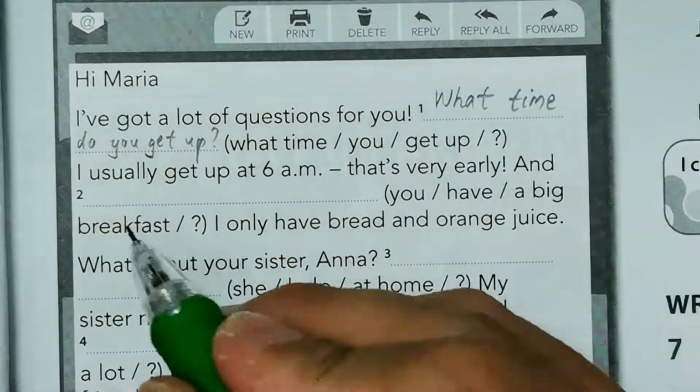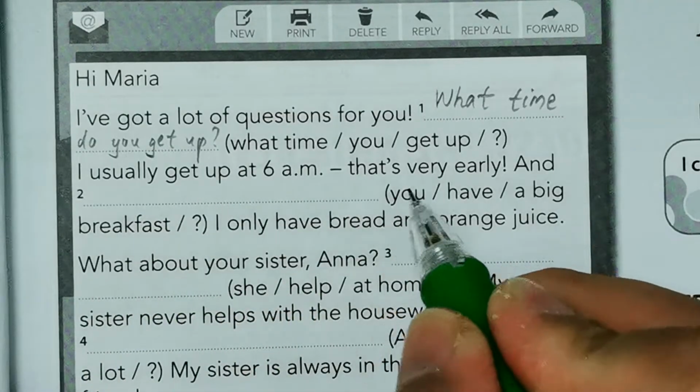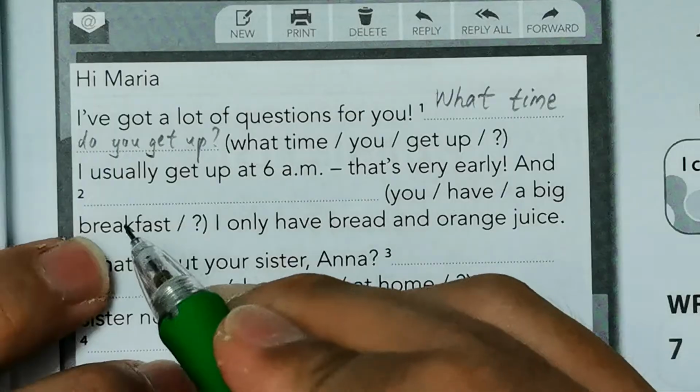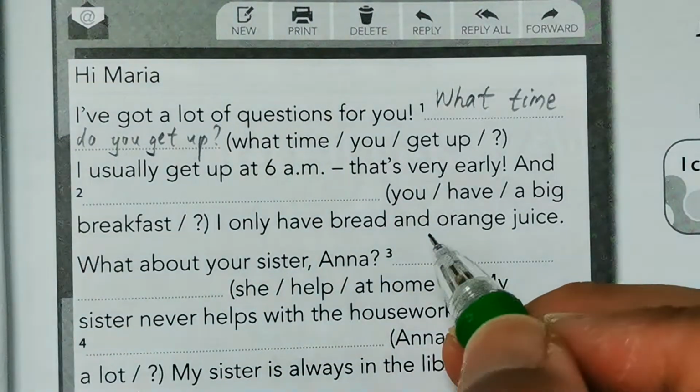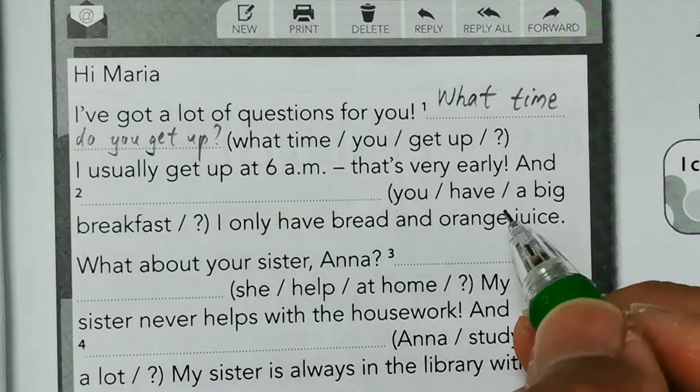So next, I usually get up at 6 a.m. That's very early. And number 2, you have a big breakfast.